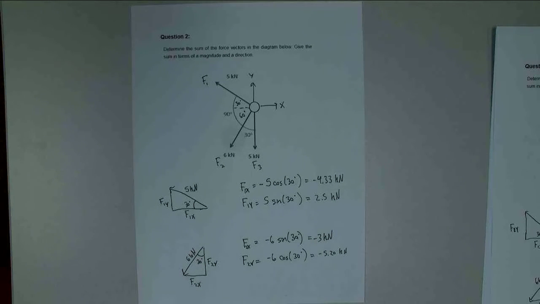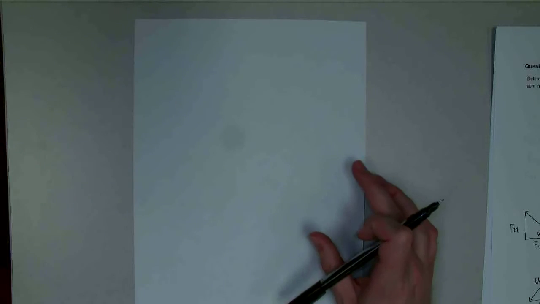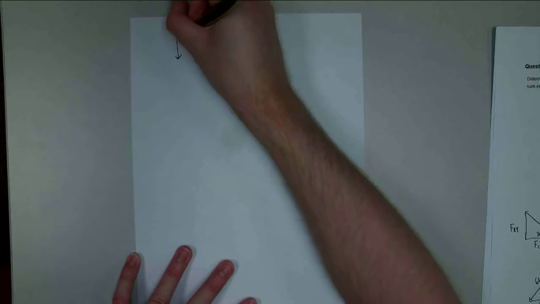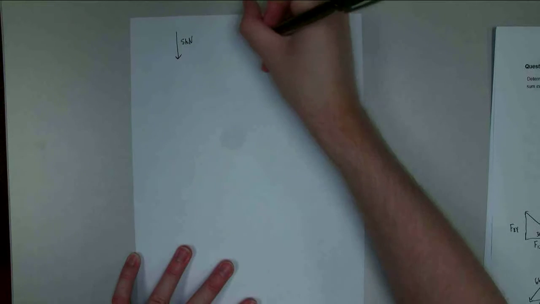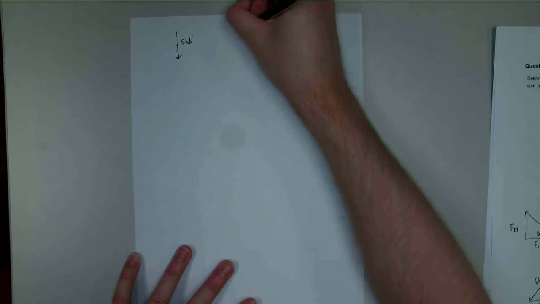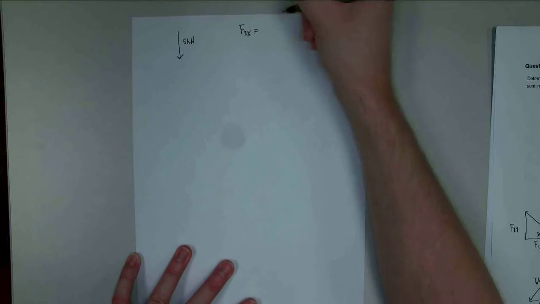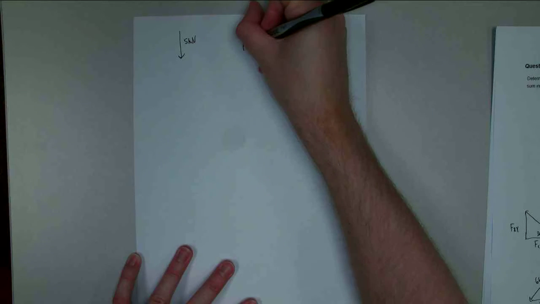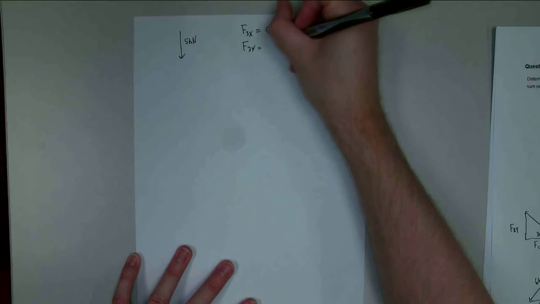Alright, and the last one, I've got this third vector, and that one is going to be simply 5 kilonewtons straight down. So F3x is equal to 0, and F3y is equal to negative 5 kilonewtons.